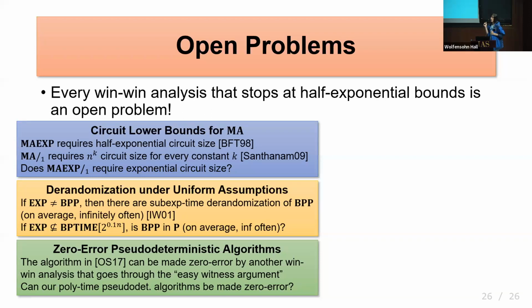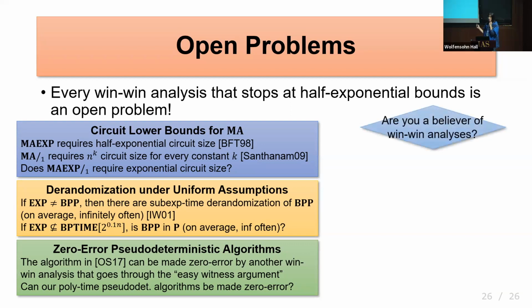But we don't know how to make our polynomial time algorithm also zero error. If we use another win-win analysis, it appears that we start at half-exponential again. So I think these are a few open problems on win-win analysis that one could try.